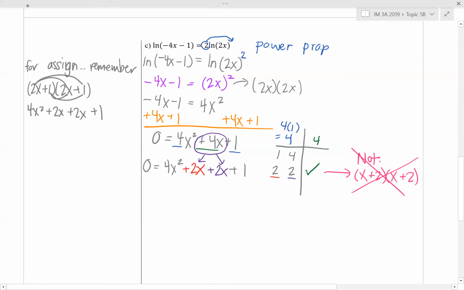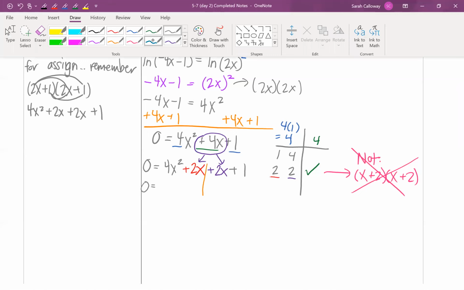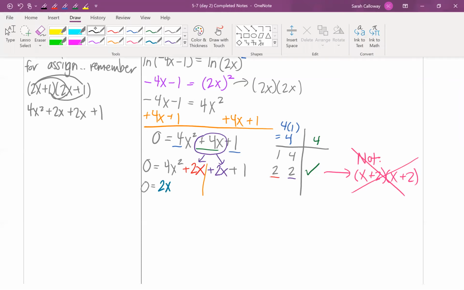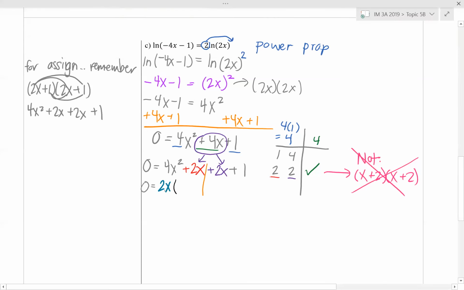So we are completing this using grouping. When we're grouping, what we want to do is factor out the greatest common factor between the two terms. 4x squared and 2x have a common factor of 2x. 2x times 2x makes 4x squared, and 2x times 1 makes 2x.